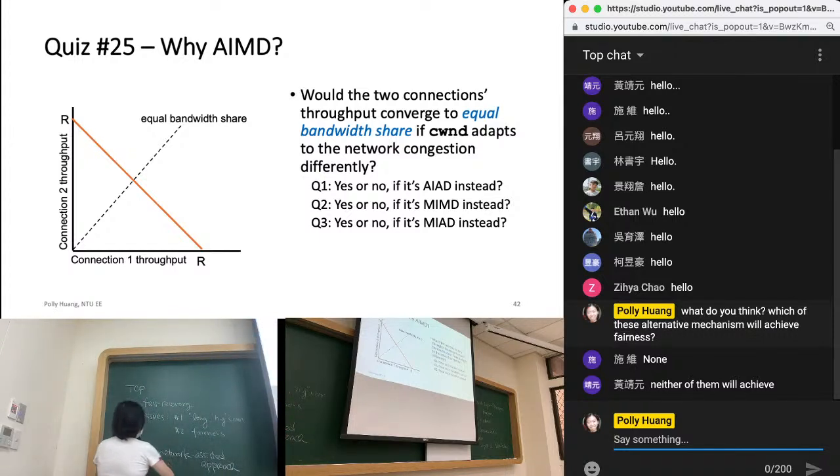Let me use the whiteboard. So this is the limit. This is the fairness, right? What if we start here? Connection 1 has a bigger throughput to begin with.